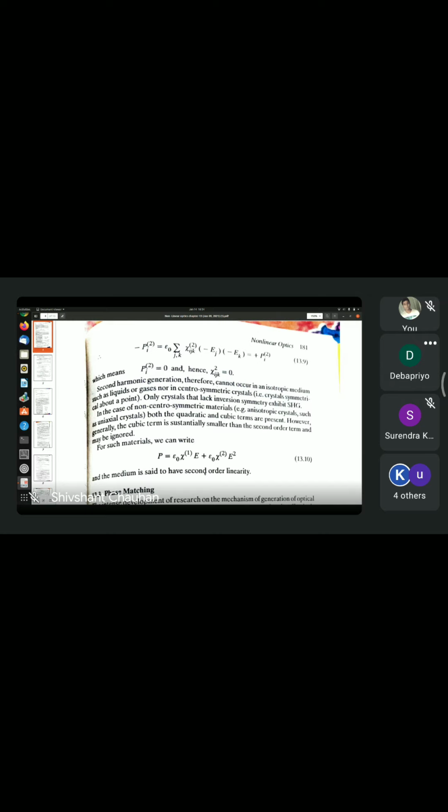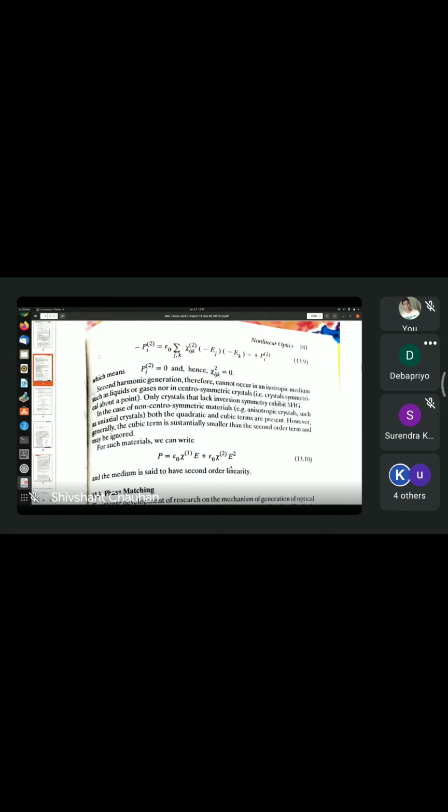See, because of this E square term, you will have a cos square omega t, and this cos square omega t can be expanded as 1 plus cos 2 omega t, divided by 2. So this 2 omega comes in, and you have in the emergent beam a component with frequency twice omega. As I said, when this happens, you say that the second harmonic has been generated, and that's how the second harmonic comes into existence because of the presence of this E square term.